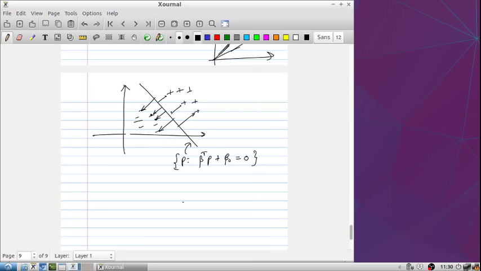It would still be separating the two classes on the training data, 0 error, right? But I don't know which one to pick. So to break that tie, I'm going to use this notion of distance from the hyperplane. So I know the distance of every point on the positive side, every point on the negative side from any given hyperplane, right?